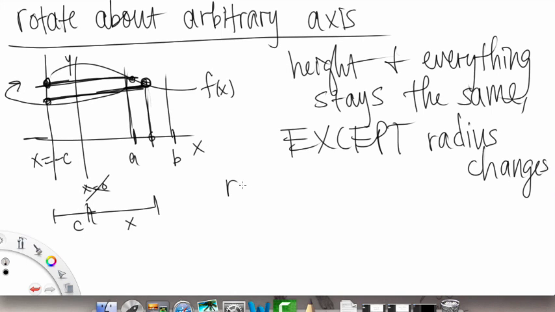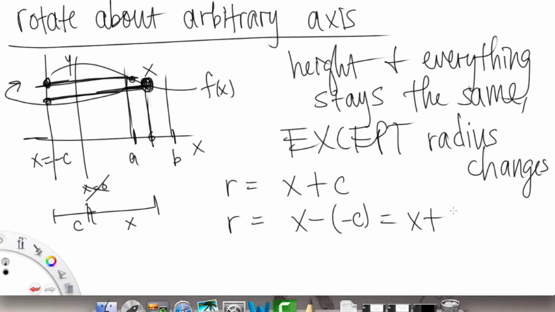So that means our radius is now going to be represented by x plus c. We can also obtain this by saying right minus left. So this would be the right point, our x value, minus a negative c, x minus a negative c. That also gives us x plus c. Like I said, that's the only thing that changes, our radius.